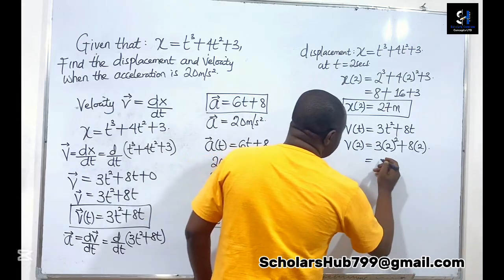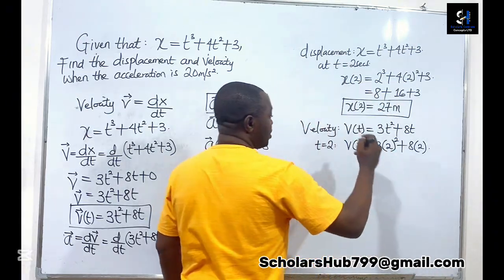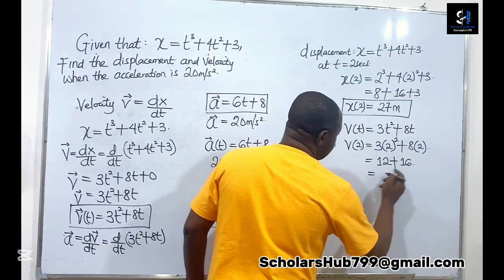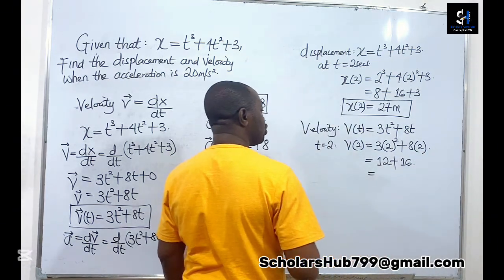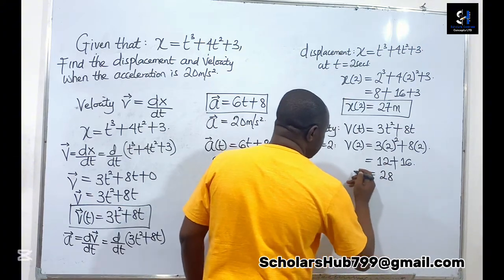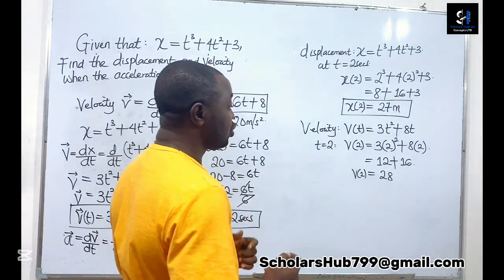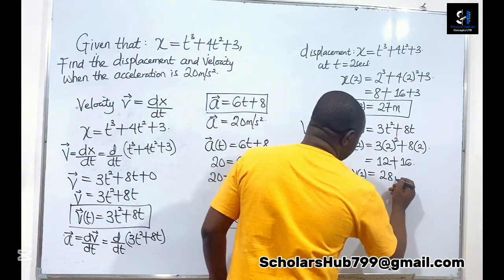In this case, 2 squared is 4, 4 times 3 is 12, 8 times 2 is 16, and 16 plus 12 is 28. So the velocity when the time is 2 seconds will be 28 meters per second.